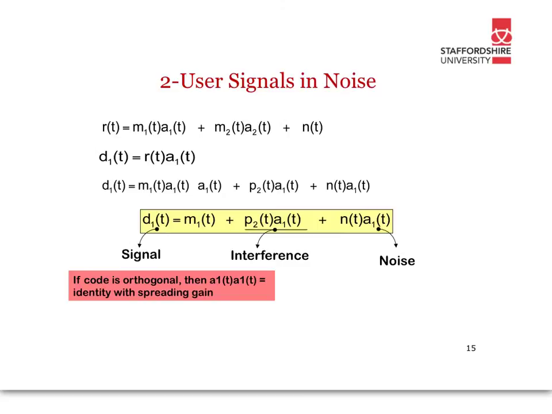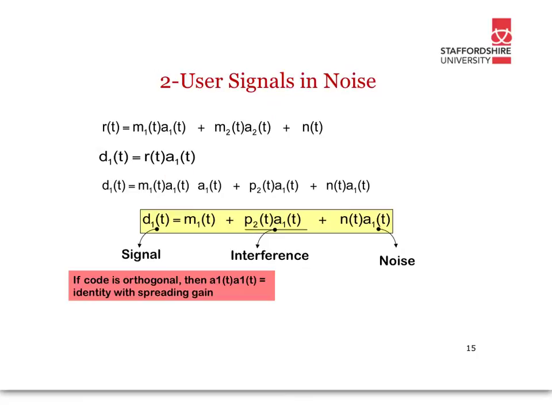So if we do this in terms of the equation, then the received signal R of t that we had before is comprised of M1 of t, A1 of t, plus M2 of t times A2 of t, plus N of t. Now again, we could add more users here. The received signal is still R of t times A1 of t, however R of t has changed.